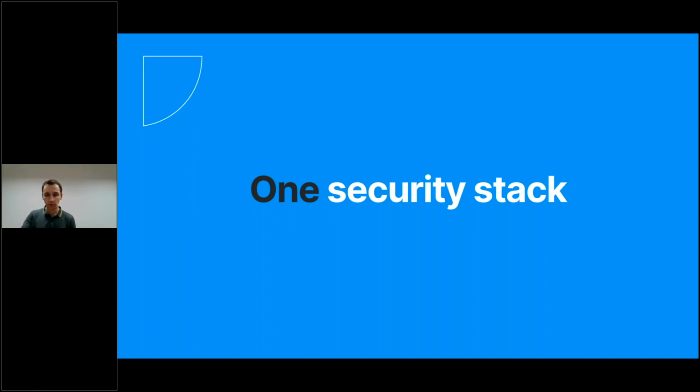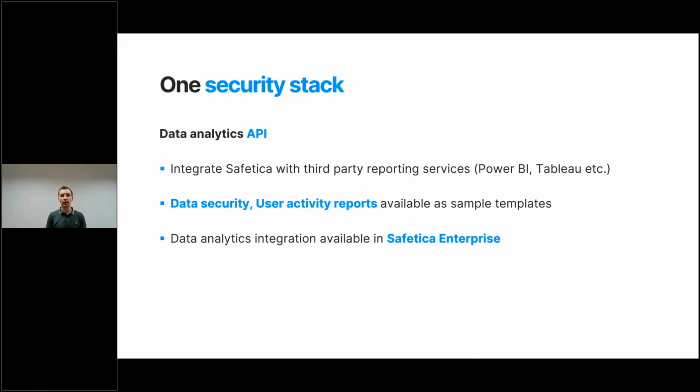And the new version introduced today is bringing a big step towards this, which is Data Analytics API. Thanks to this API, you can integrate Safetica with anything that you are already using. If you are using PowerBI or a different reporting application or service, you can connect Safetica to feed data into this service, and you can visualize what is happening in Safetica anywhere else where you are already used to consuming your data analytics.